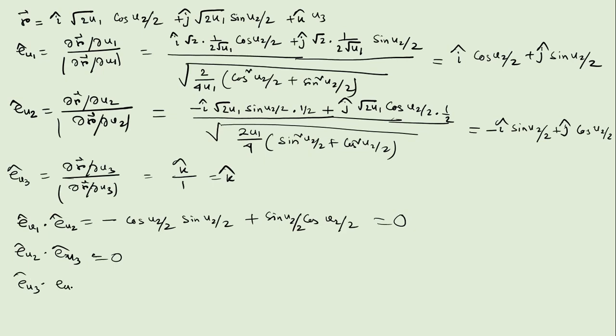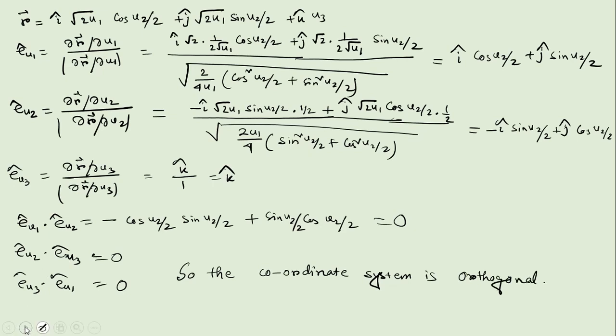And u3 dot u1, u3 is k and this is i j, so this is also 0. Since all three are 0, the coordinate system is orthogonal. Orthogonal, clear?